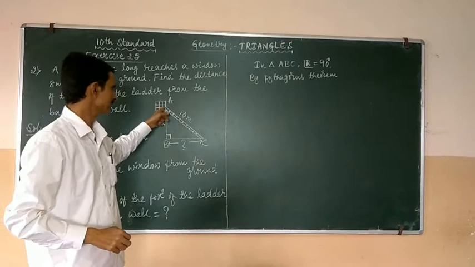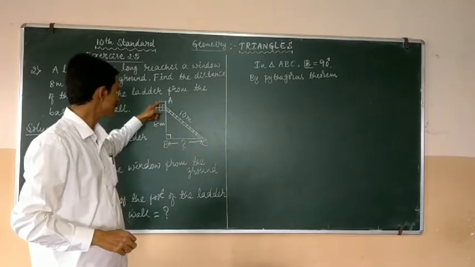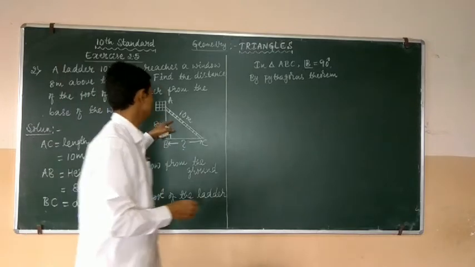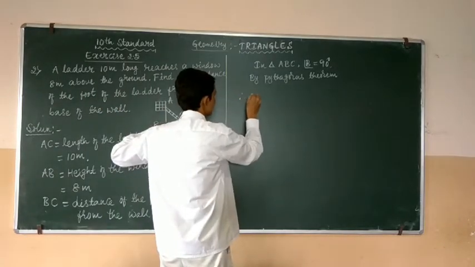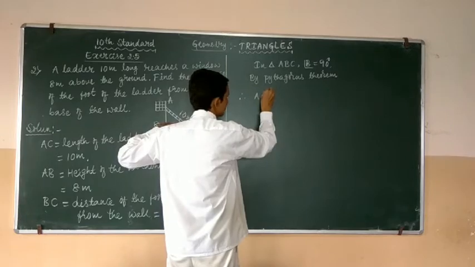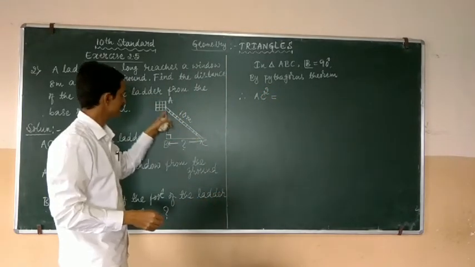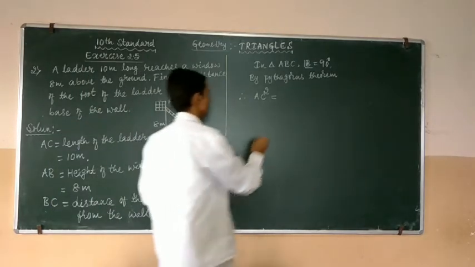Yes, the square on the hypotenuse is equal to the sum of the squares of the other two sides. Therefore, AC square equals AB square plus BC square.